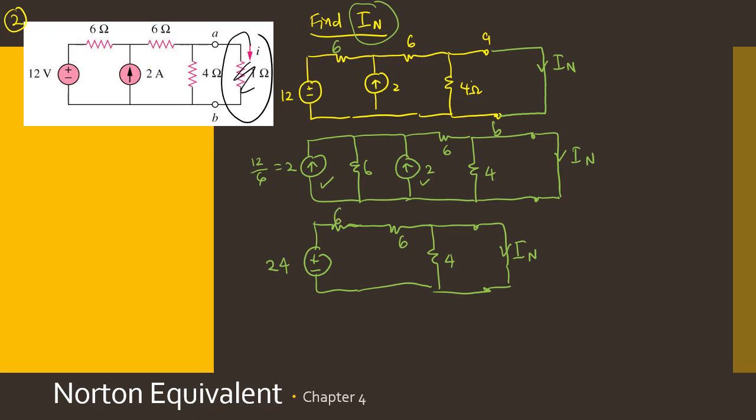Since 6 with 6 they are in series, you can add, then this one will become 12. Okay, and then you can do the source transformation again.